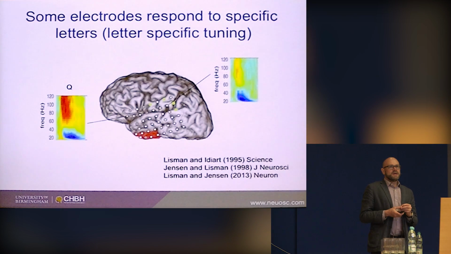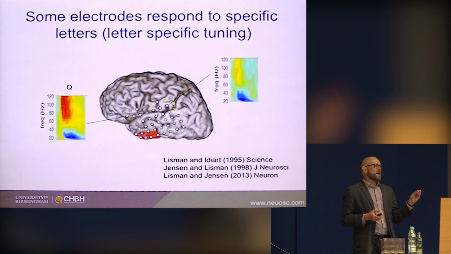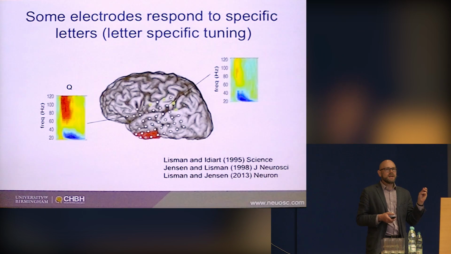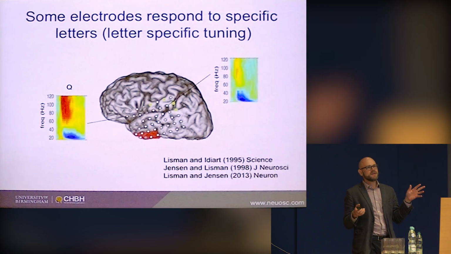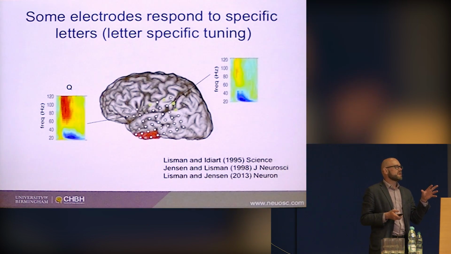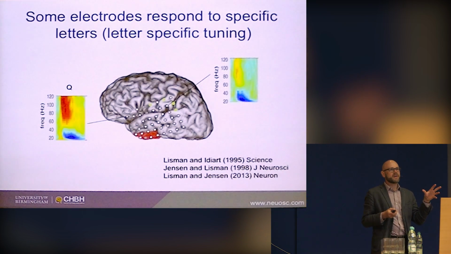So this by itself is quite incredible, right? So at least before seeing these data, I always thought that letter-specific representations were reflected by distributed neuronal firing, right?